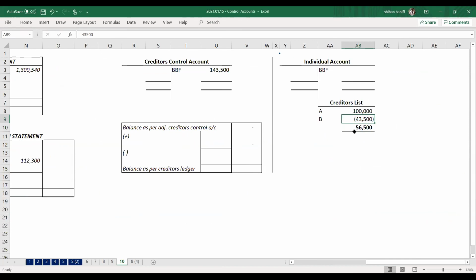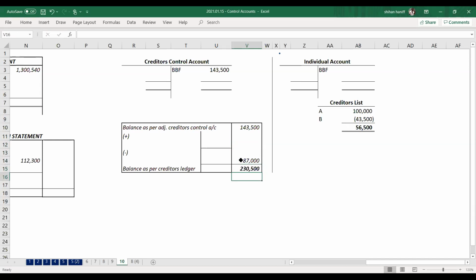If you treat it as minus, this balance will be 56,500. So in the control account, you have 143,500. How do you get the balance as 56,500? It should be minus. How much is minus? 43,500 into 2.